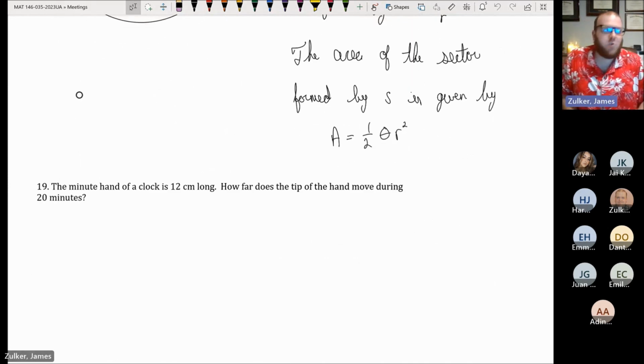The minute hand of a clock is 12 centimeters long. How far does the tip of the hand move during 20 minutes?